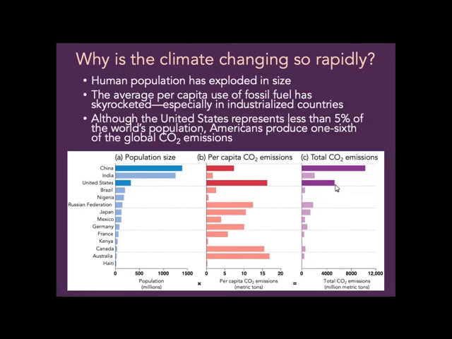Should note that the human population has exploded in size, as we've talked about before when we were talking about life tables. And the average per capita use of fossil fuel has skyrocketed, especially in industrial countries. And so even though in the US we represent less than 5% of the population of the world, we produce 1/6 of the global carbon dioxide emissions. So we have quite a way to go to improve this.